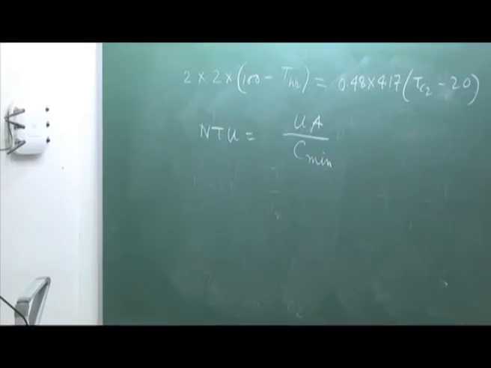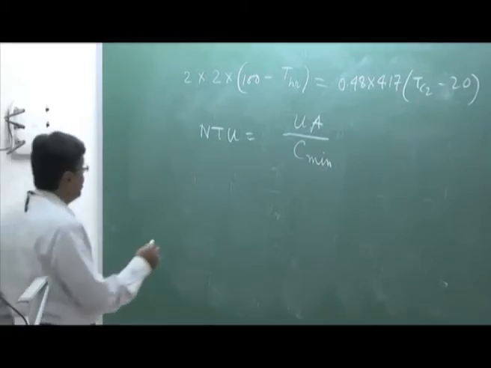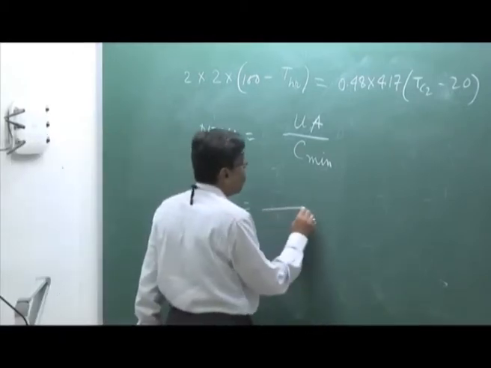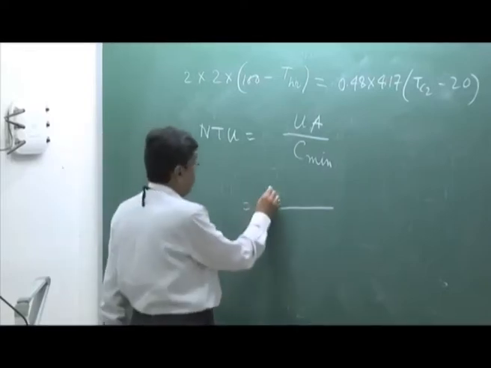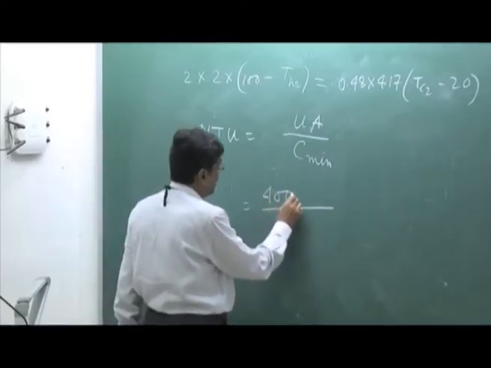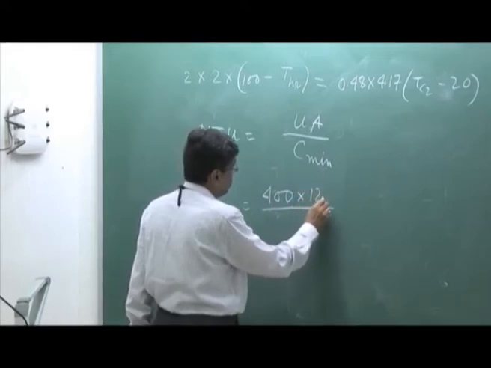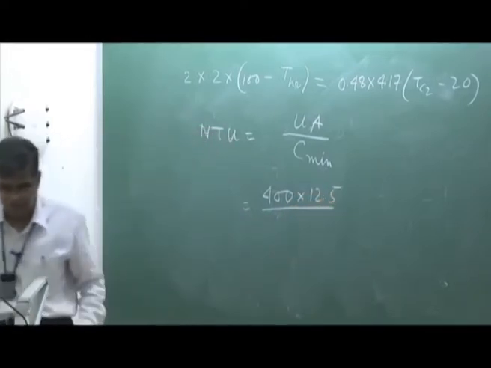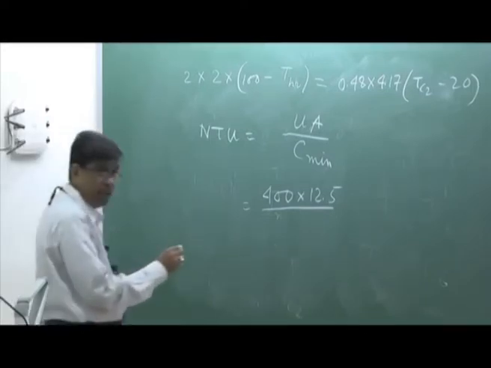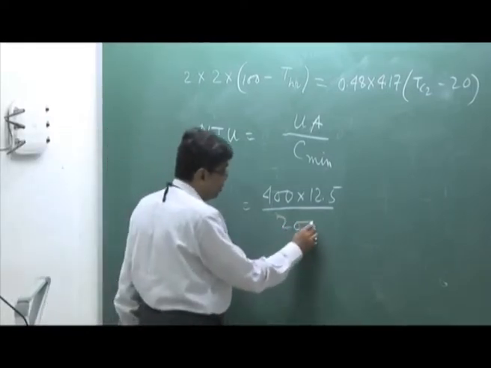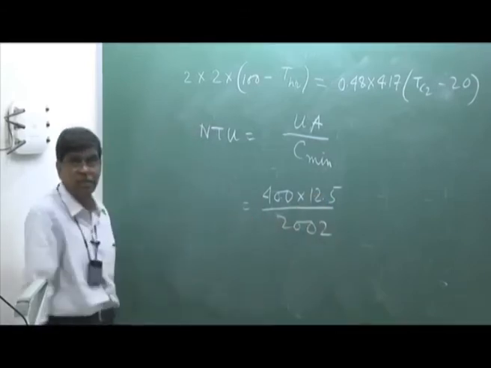NTU is UA over C minimum. What is U? What is A? 12.5. And what is C minimum? I just see that multiplication is difficult for me. 2002. The joule unit has to be there, because this unit has to be consistent.